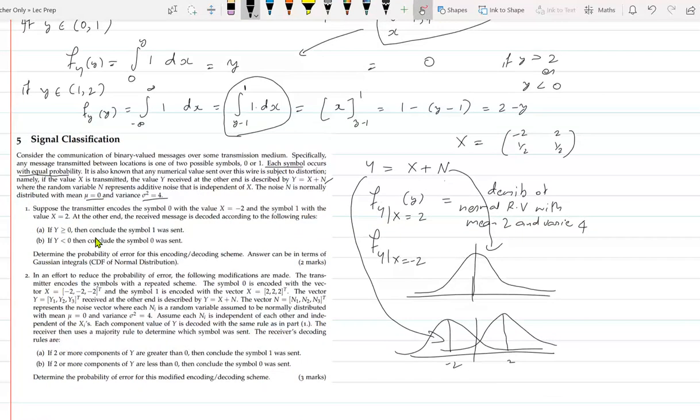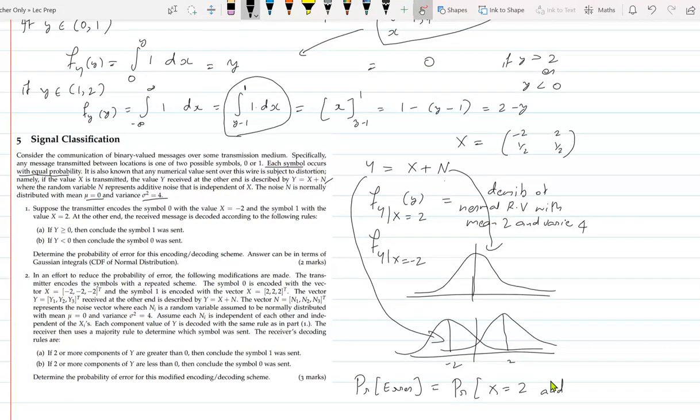So how do you write the probability of error? What do you mean by error? When I send 2 and it is decoded as 0. So, let's say I send 2 and what you get is decoded as 0.